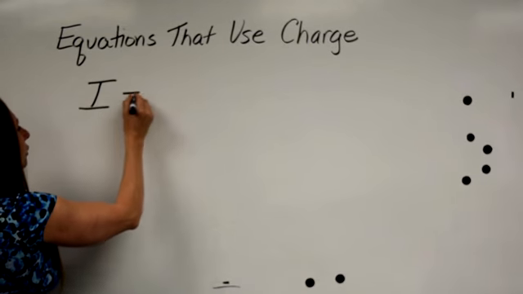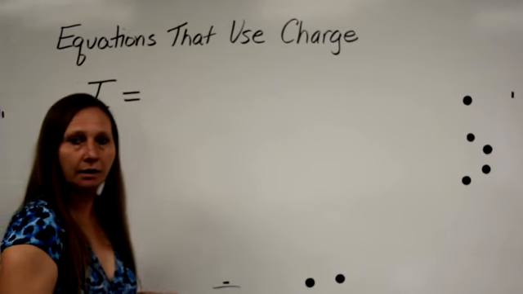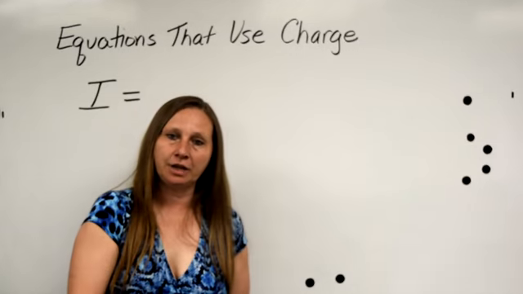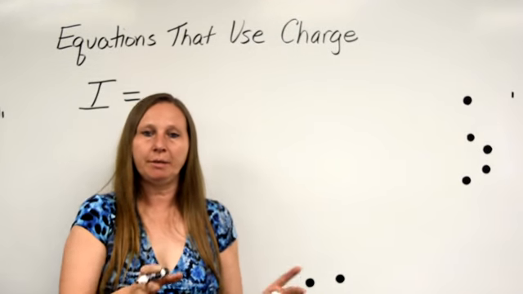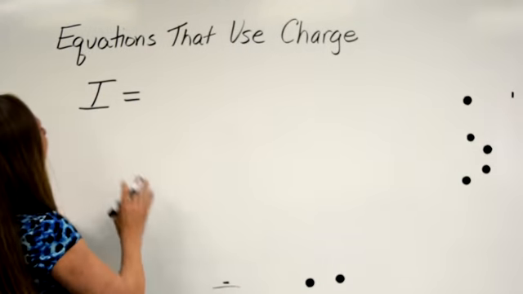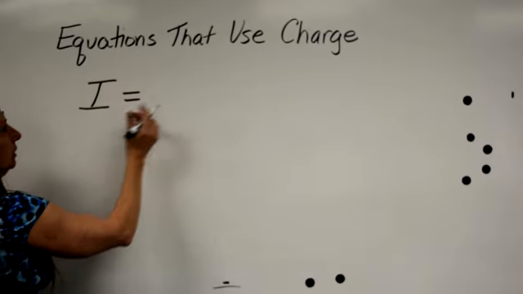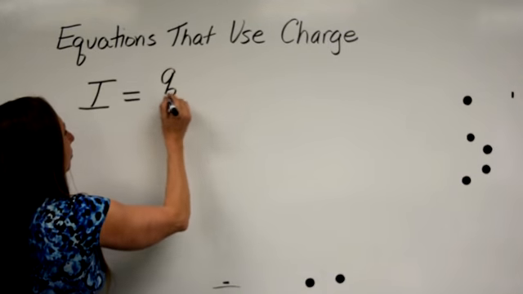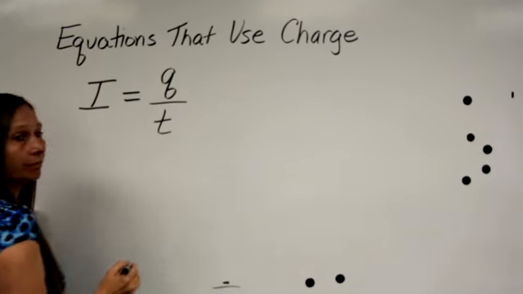Now, you're going to do current, capital I, in the next section, in 7.2 or maybe 7.3. But the equation for current is charge per unit time.